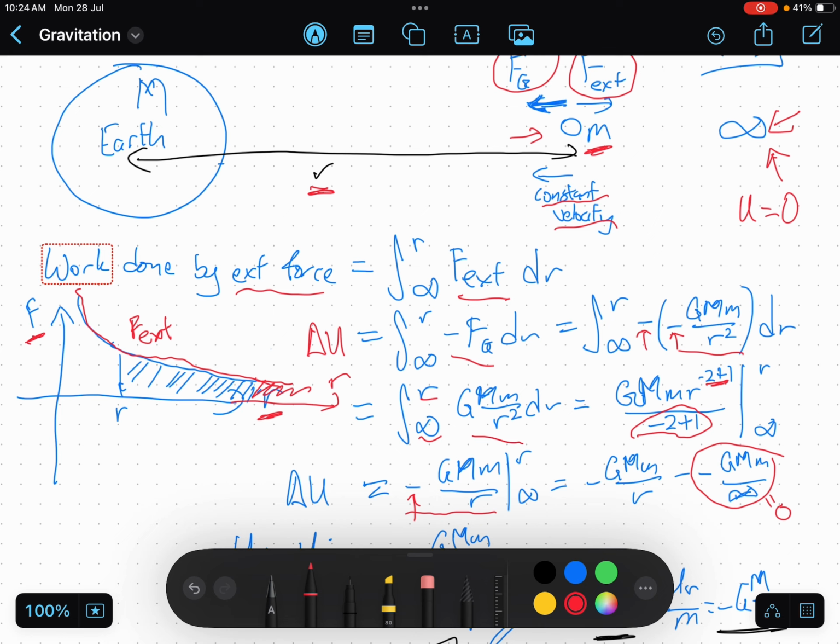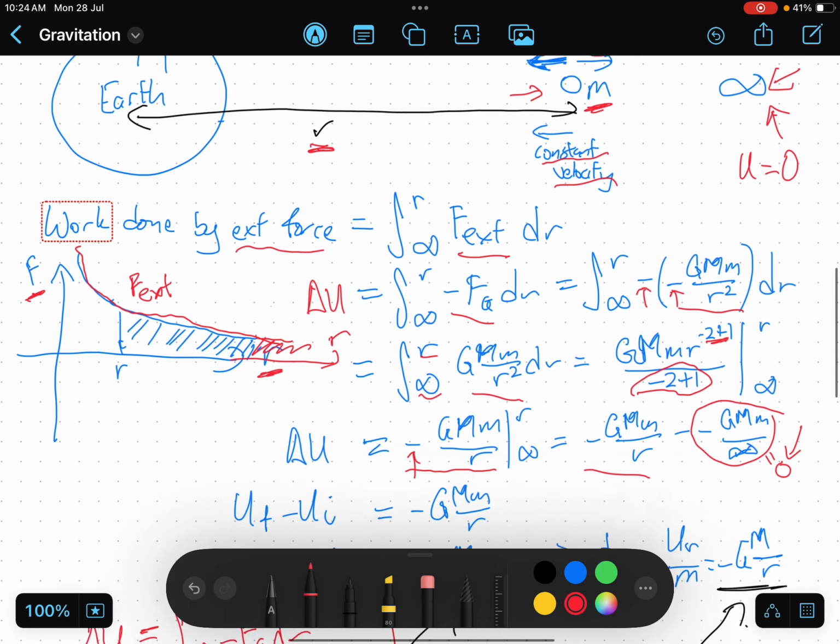You integrate from infinity to r, so when you sub r inside, you get minus GMm over r, and when you sub infinity, you get minus GMm over infinity, which is 0 because anything divided by infinity is 0. So your final answer will be just minus GMm over r.